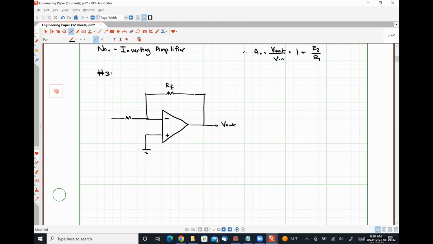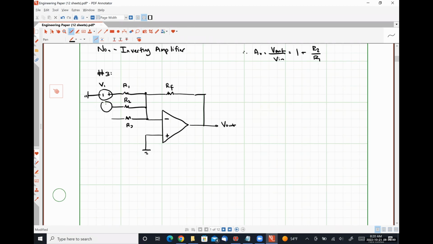And now what I'm going to do is I'm going to connect multiple resistors. So let's call this guy R1, this guy R2, and this guy down here R3, between my inverting input node and multiple input signals.